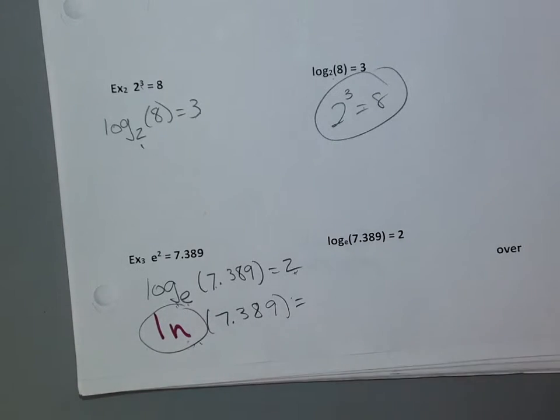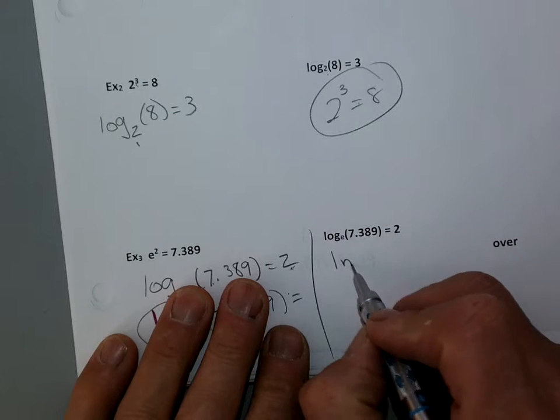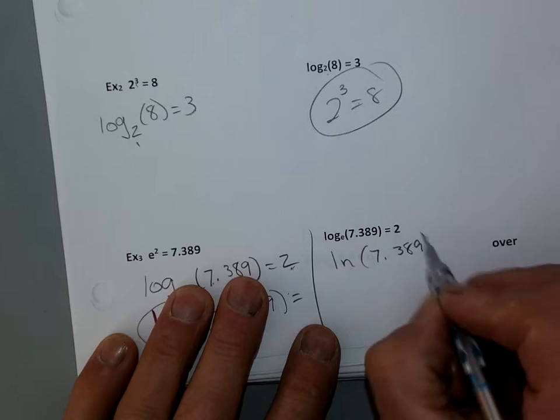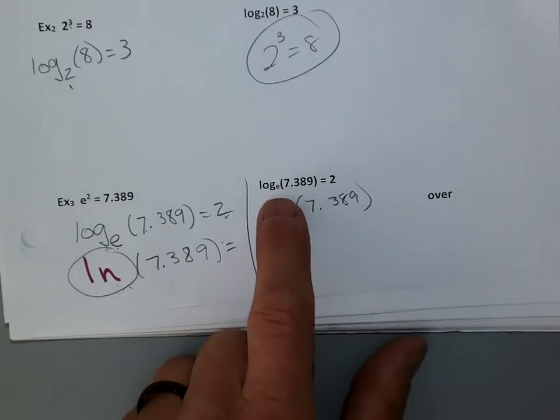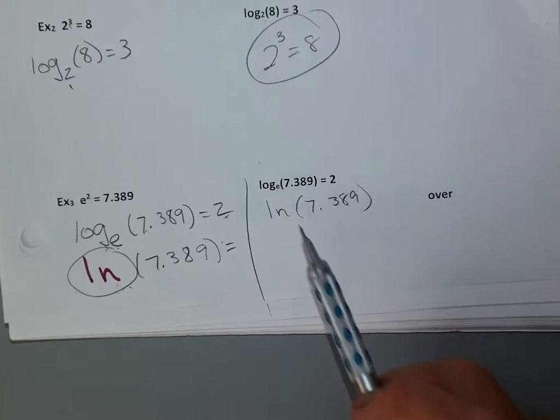Capiche? So if I look here, it should have been written as ln of 7.389, because we will not write log base e. We'll write ln. Whenever you see log base e, it should be ln.